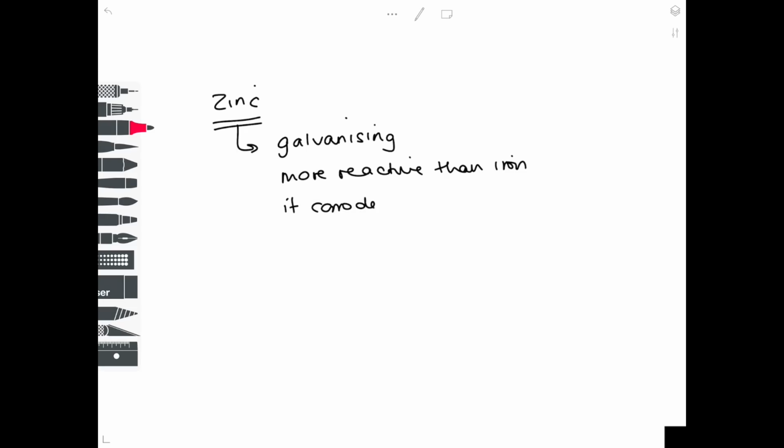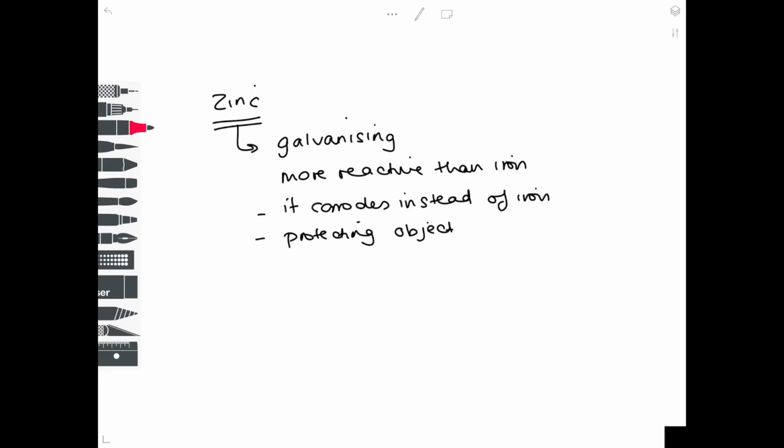Now zinc. Zinc is often used to coat metals, and when zinc is used to coat metals such as iron, we call this galvanizing. And remember, this is all to do with making something like iron less susceptible to rusting. So if you cover it in zinc, because zinc is more reactive than iron, it corrodes instead of iron, thus protecting the iron object.